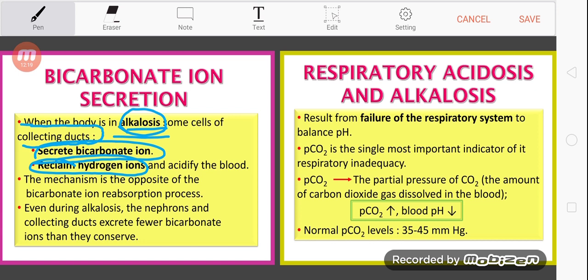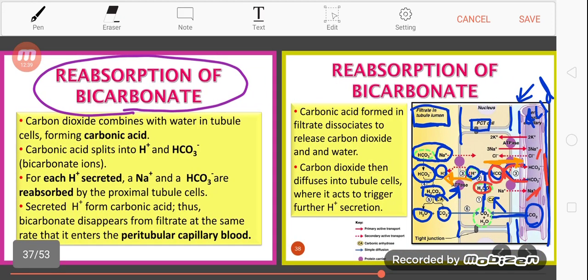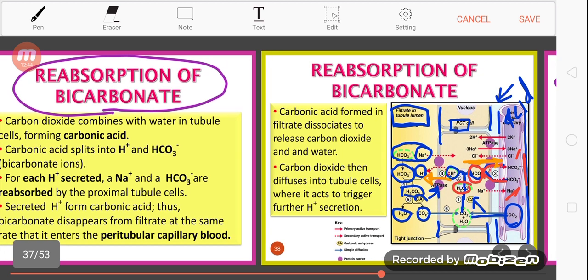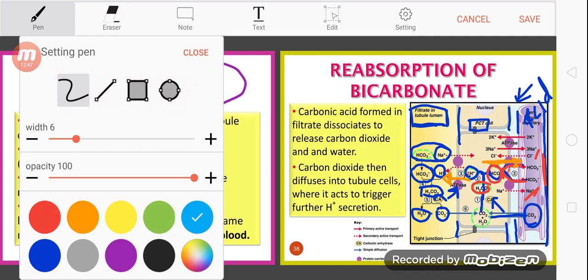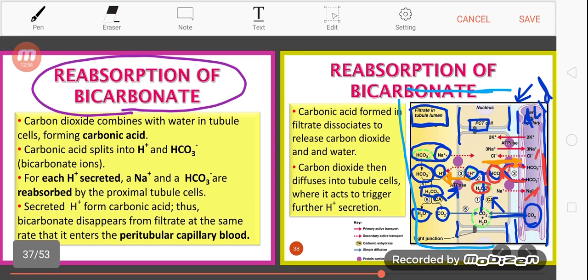In this way, it will return the alkalosis condition to normal. The mechanism is the opposite of the bicarbonate reabsorption process, this process over here. The opposite of this process here, but in the collecting duct.